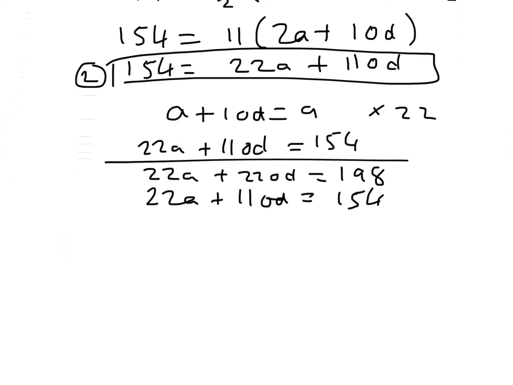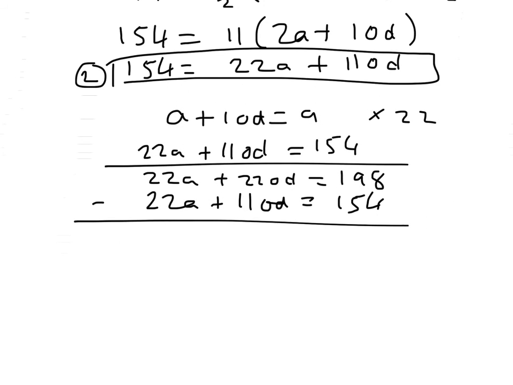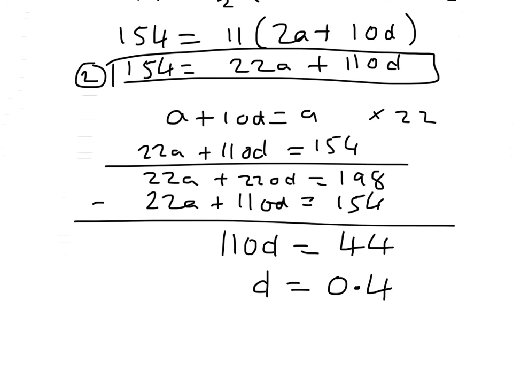Taking those away, of course 22a take away 22a cancels out. We're left with 110d will equal 198 minus 154, which is 44. So d comes out as 0.4.